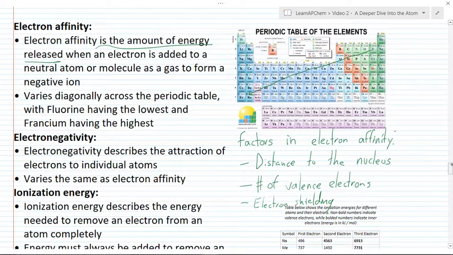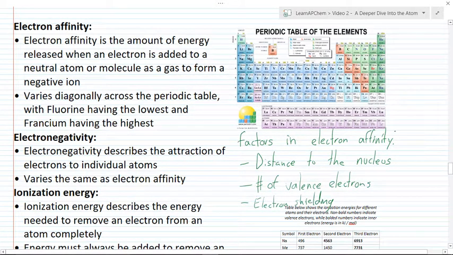Okay, so I believe I left off talking about the differences between electron affinity and electronegativity, and they simply vary in name only. So electron affinity is the amount of energy released when we're adding an electron, and electronegativity is just describing the attraction of electrons. So although they vary the same way, they mean two different things.